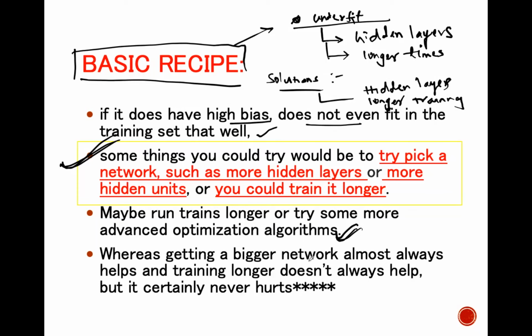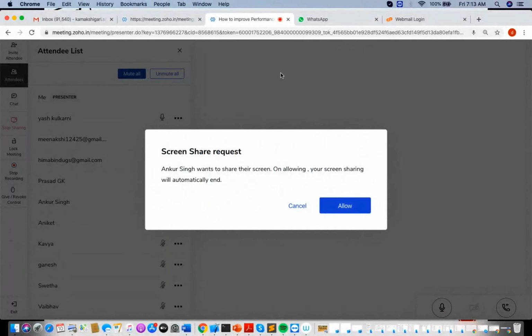Getting a bigger network almost always helps the training, and training longer does not always help, but it certainly never hurts. Training longer will help, but only to a limited extent, maybe like 5%. Did you understand the first point? Clear about this? For underfit, if you are clear, type underfit.